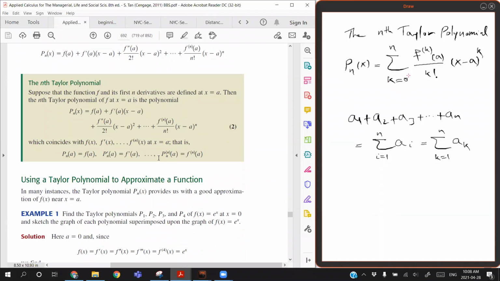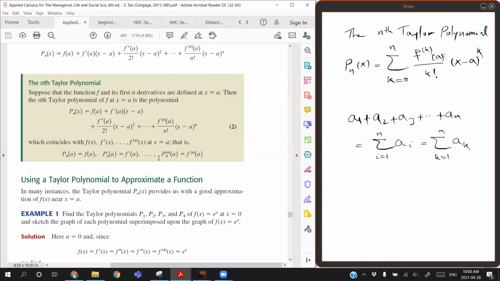So when you look at this, k is going to be first 0, then 1, then 2, then 3, and all the way to n, and then it would be the nth Taylor polynomial. I also want to explain what these other things in this formula are.